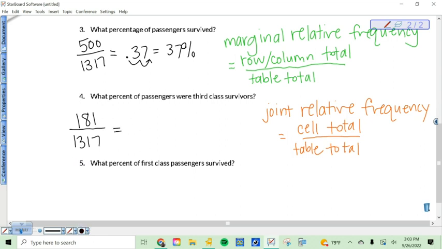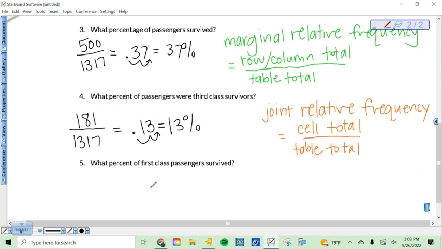And if I want to turn 181 over our 1,317 into a decimal, what do I get? 0.13. Which turns into 13%.